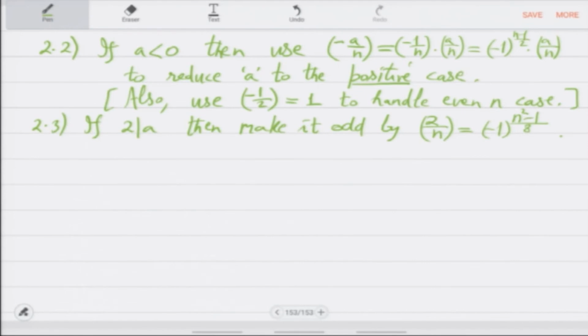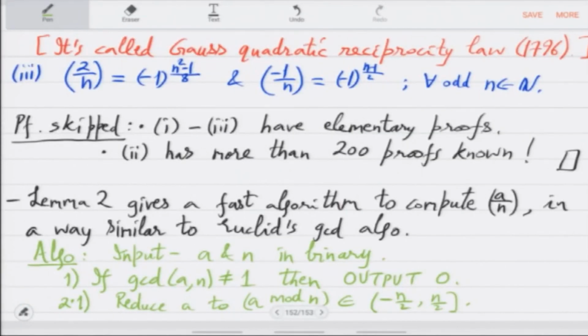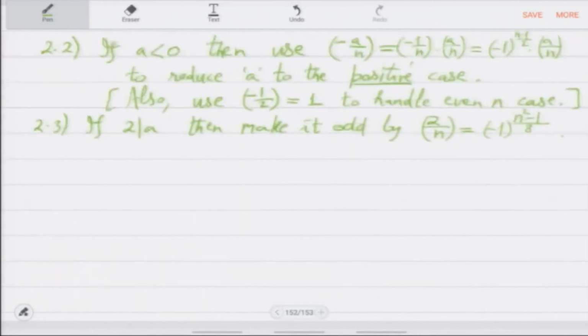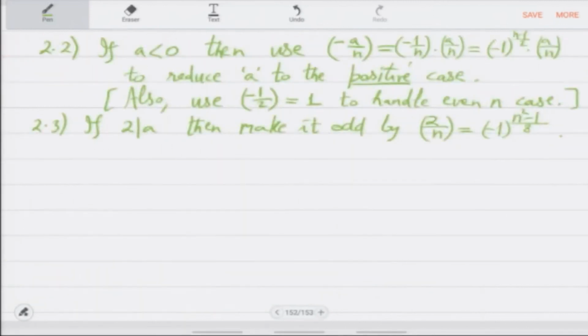This allows 2 to be taken out. Again n can be assumed to be odd, and then for 2 by n you use the property that it is minus 1 to the n squared minus 1 by 8. So we have made a odd.